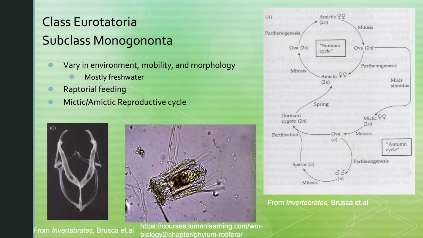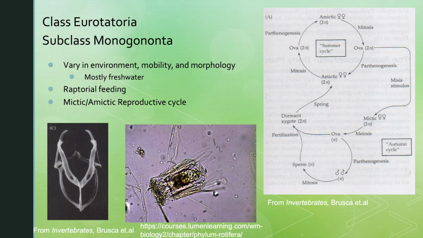A somewhat unique feature of the Monogenonta is that they have mictic/amictic reproductive cycles. So they will undergo sexual or asexual reproduction depending on the environmental conditions at the time. So that's what this diagram on the right shows.